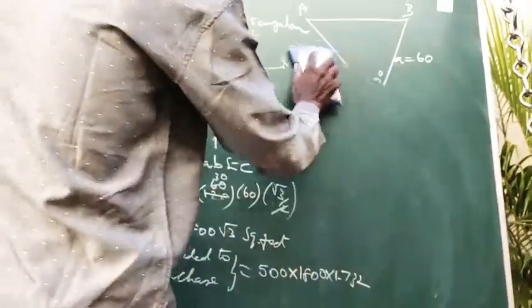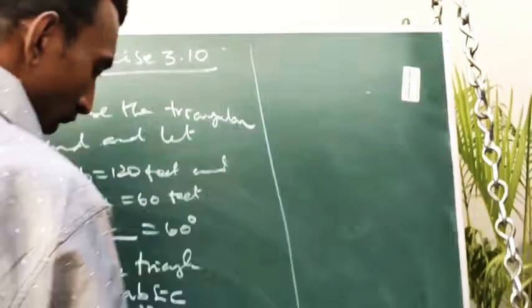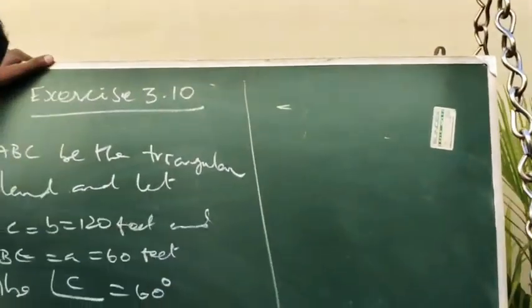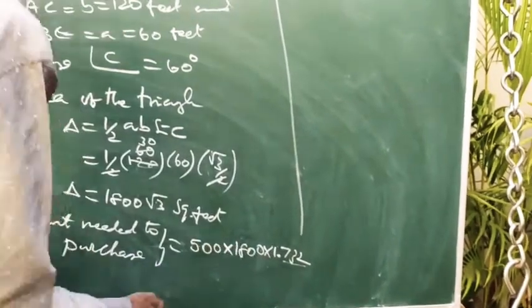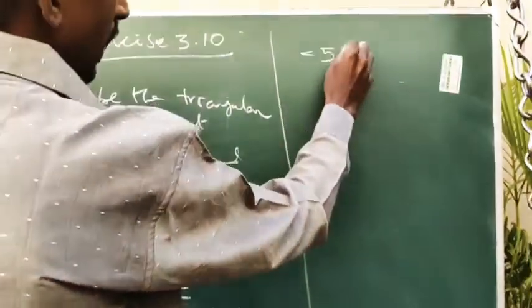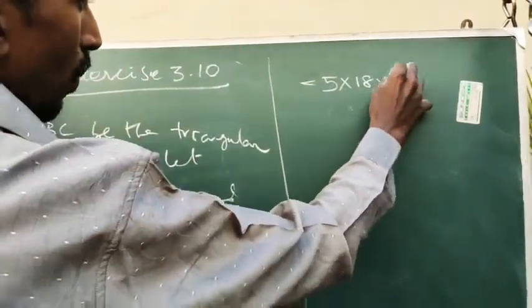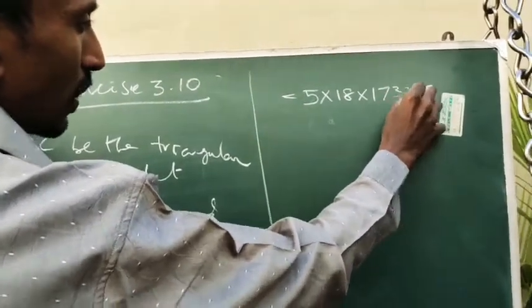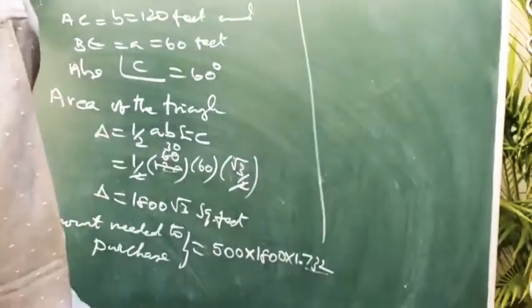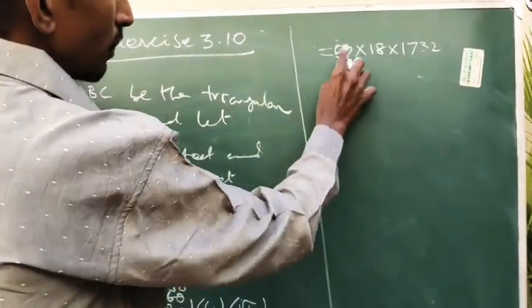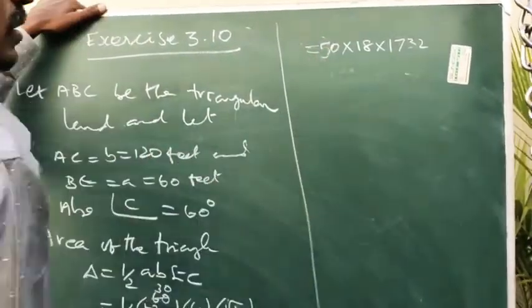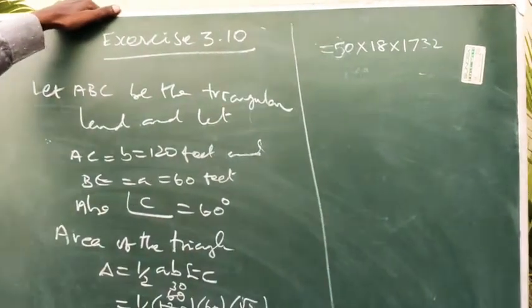I think we have already observed the diagram, so we can get the answer easily. Here there are 3 decimal places, so we can leave 3 zeros. So 5 into 18 into 1732, 4 zeros are there, so we can put 1 zero.